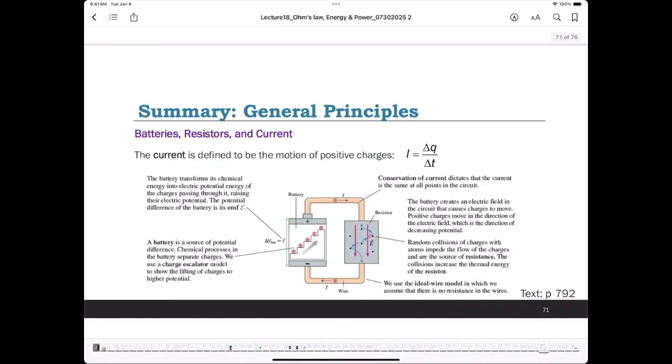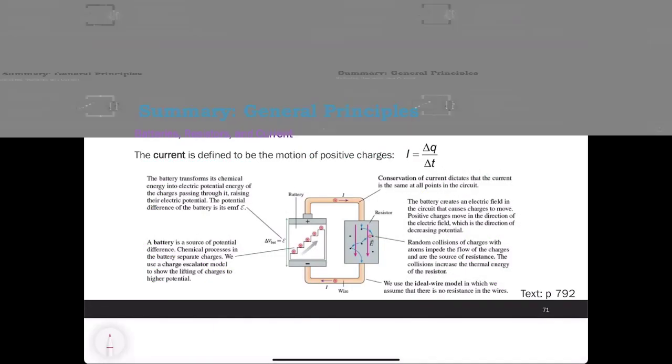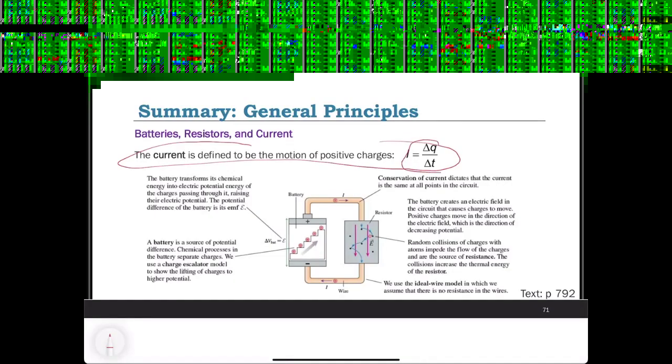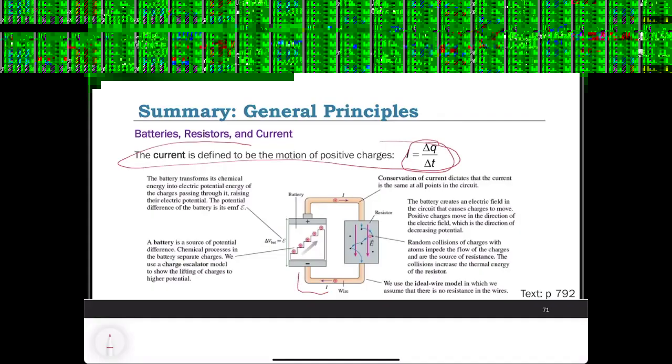Firstly we talk about batteries, resistors, and current. And we know the current is defined as the motion of positive charges. We can use this equation to represent the current. You can see this is a circuit, and in this one there is a battery. The battery is a source of potential difference.